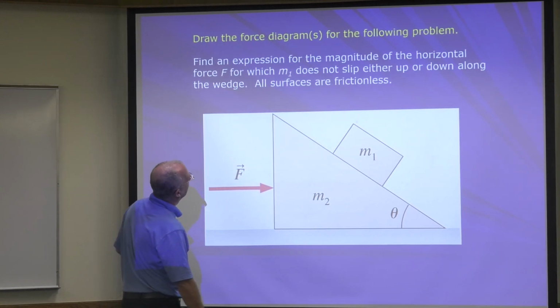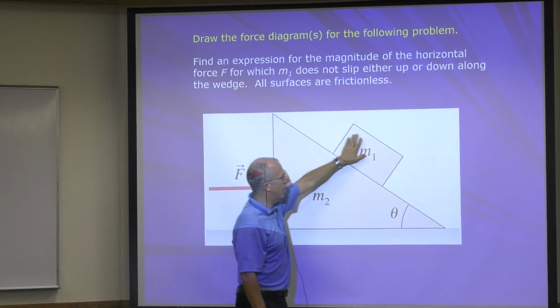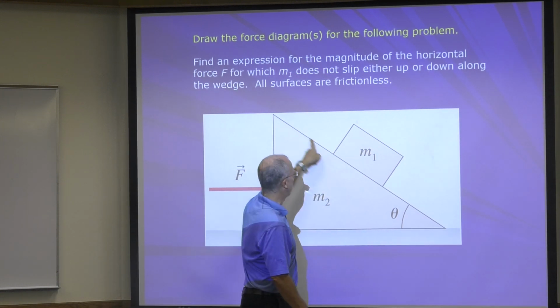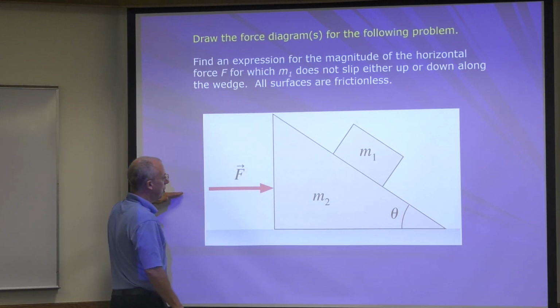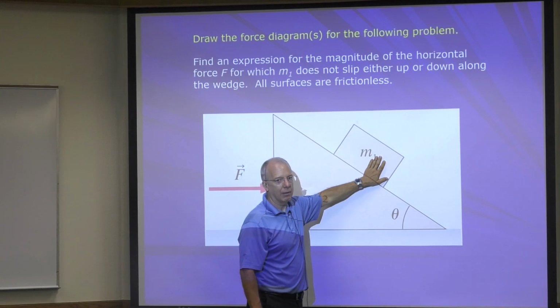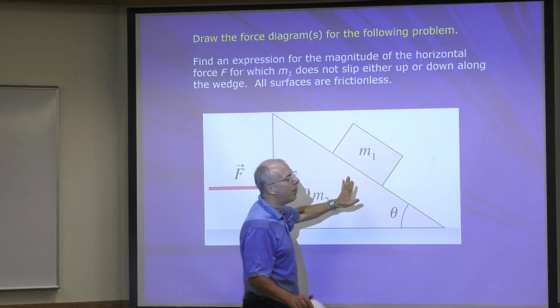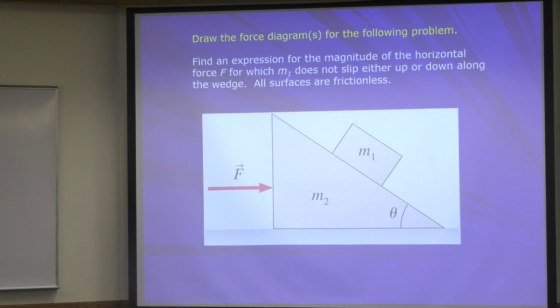This thing does not slide down. Now look at it. This is frictionless. This is frictionless. But we're going to push it at one particular force, so this thing does not slide down. All right, but anyway, all we want to do is draw the force diagrams. That's all we want to do.